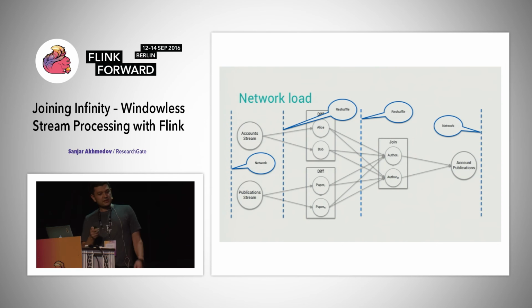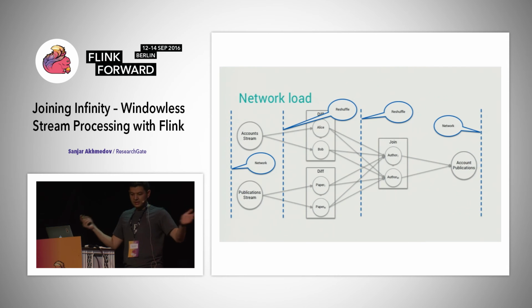Another thing is, as you have more memory, you want more machines to partition that memory across the machines. And the more machines you have, the more data is not local to a task node. So this is kind of a trade-off: more machines, more state, but more data is in the network.